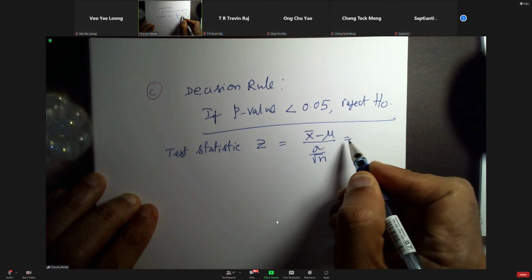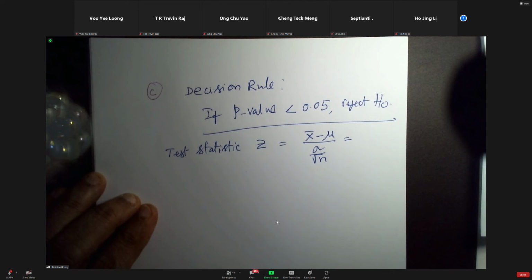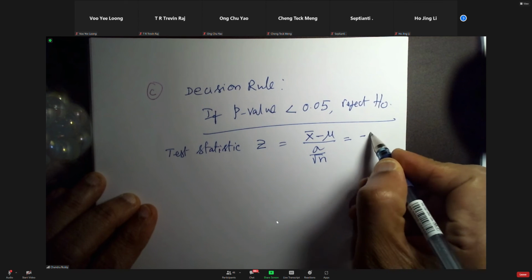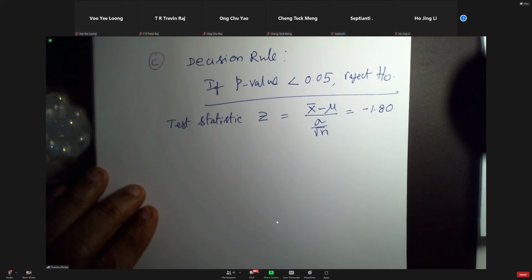What is the sample mean? This one we just calculated: negative 1.80, right?